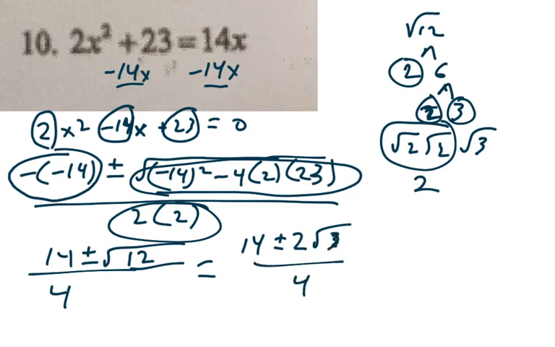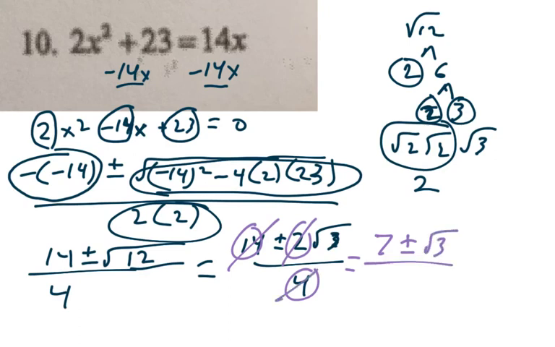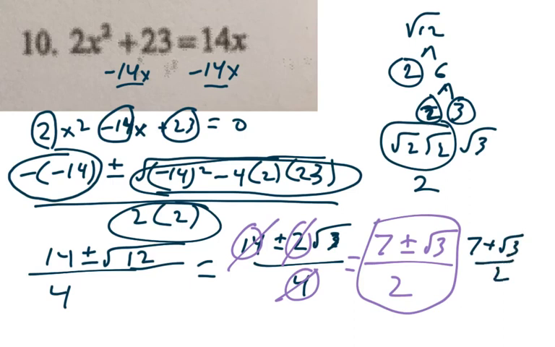If you look at all the numbers, guys, I can divide by 2. So that divided by 2 is 7. Plus or minus, that divided by 2 is just 1. Square root 3, that divided by 2 is 2. So there's basically my two answers. What are my two answers? 7 plus square root 3 over 2, and 7 minus square root 3 over 2.